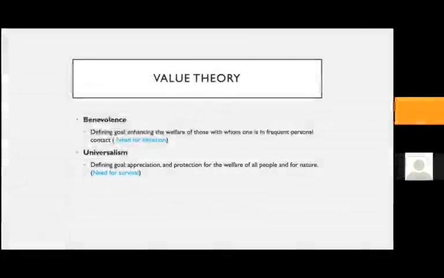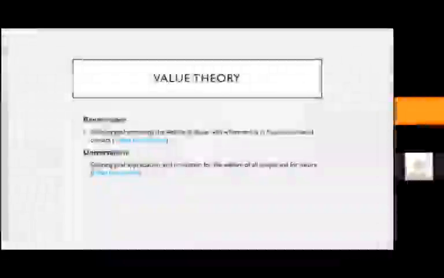You are enhancing their welfare, ensuring that they live good lives like you. And the final value, universalism, is the value of appreciating and protecting the welfare of not just people, but all mankind, all of life, be it the environment as a whole and also humans.